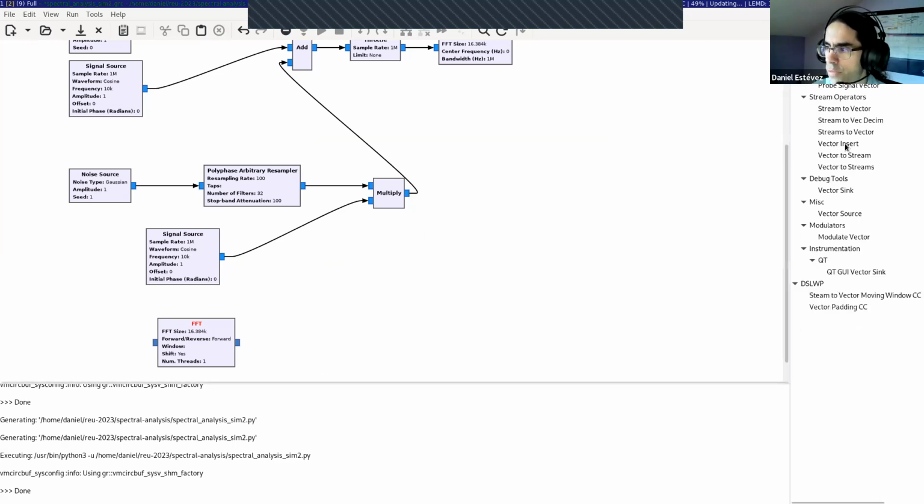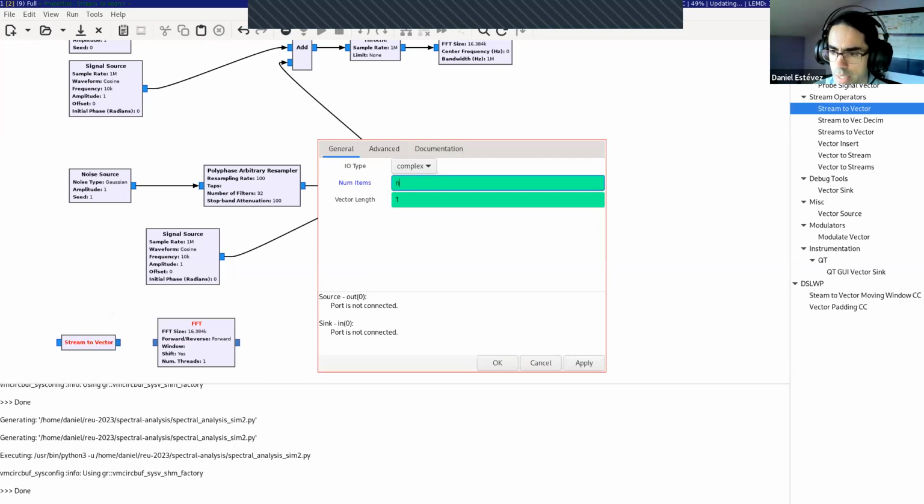There are a bunch of blocks to operate with vectors in GNU Radio, and oftentimes when working with vectors, we will be using stream to vector to obtain vectors, and also sometimes vector to stream to turn those vectors into a regular stream of scalars. So what does stream to vector do? It does something really simple.